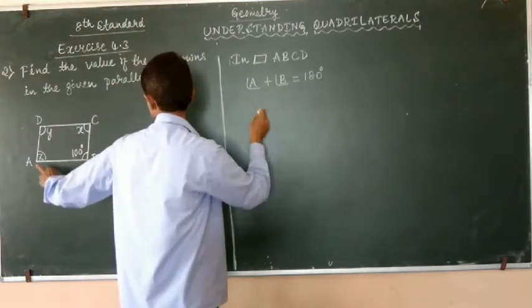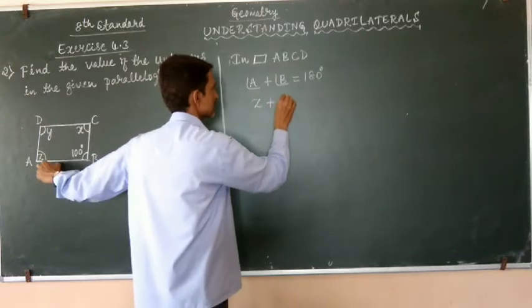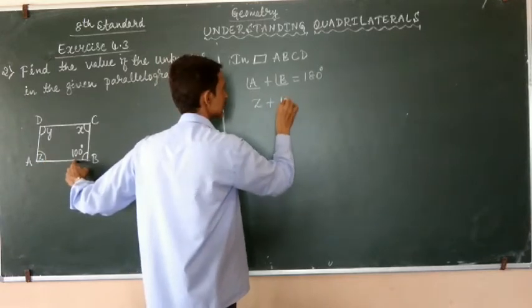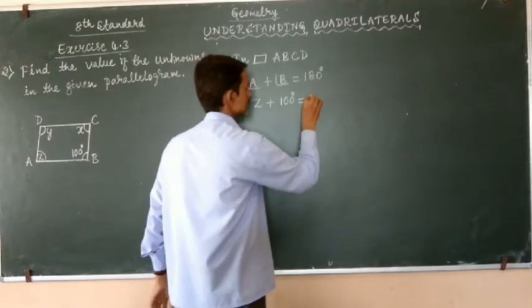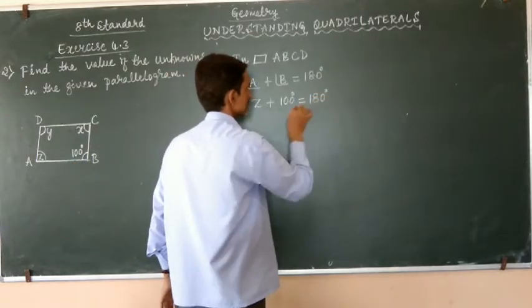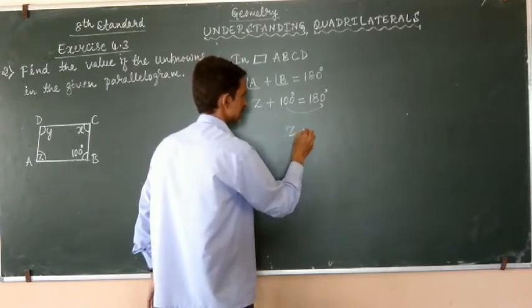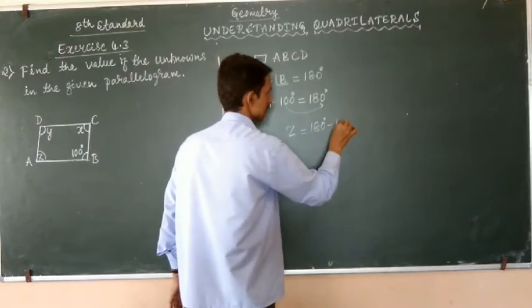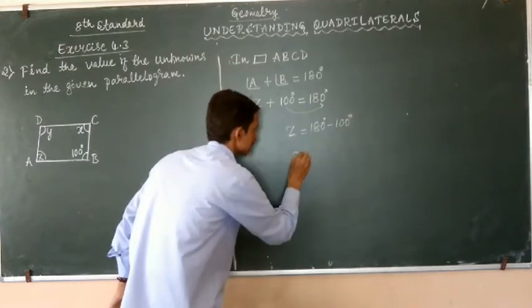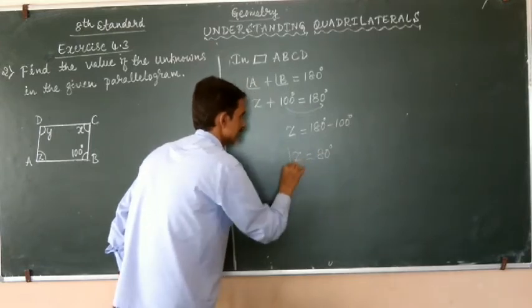So in place of A is Z. Z plus the measurement of angle B, 100 degree, equals 180 degree. Transfer this to the right side. You will get Z equals 180 minus 100 degree. Therefore, Z equals 80 degree.